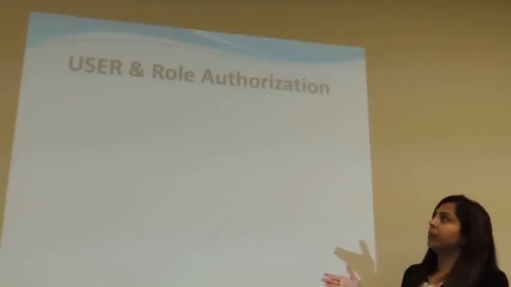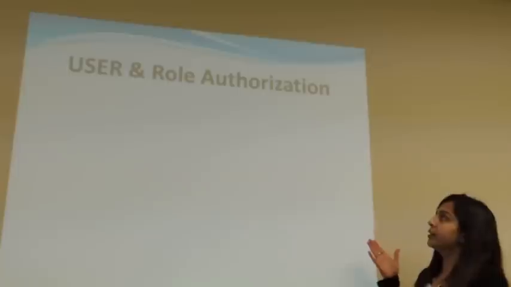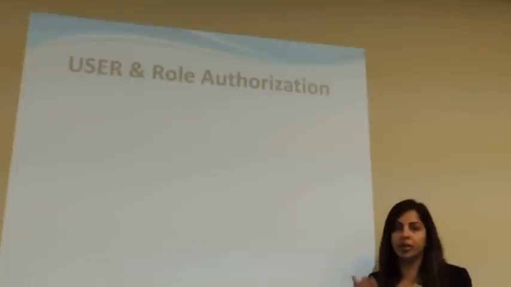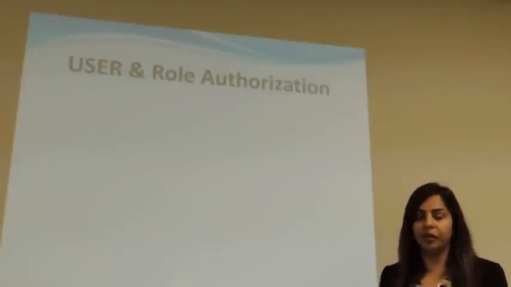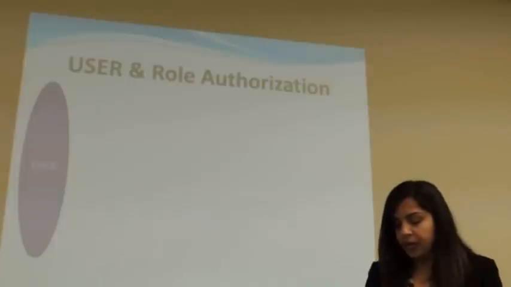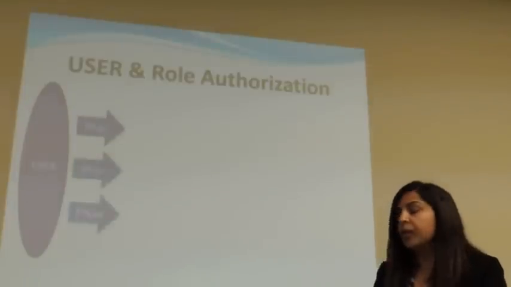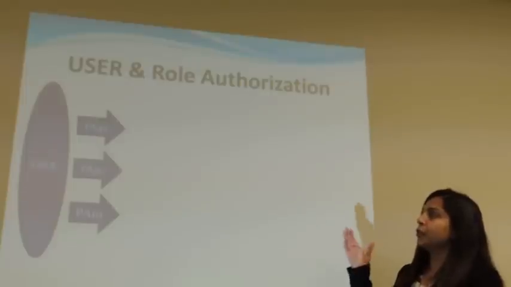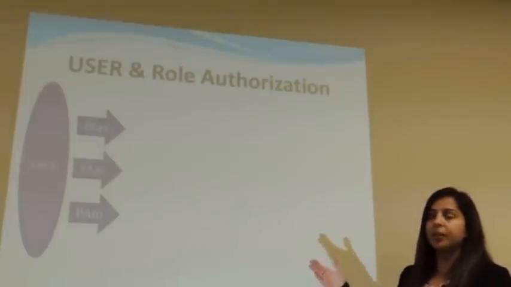Now I'm showing you a slide where I will pick up a user and show the role authorization which I generate in the profile generator. First of all, we have the user. Now the user needs access to these transaction codes.